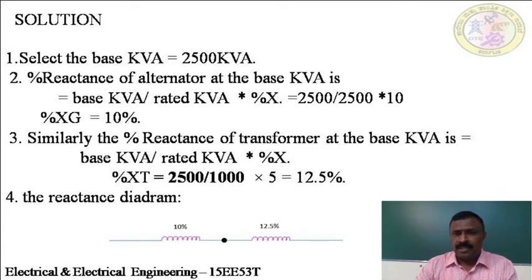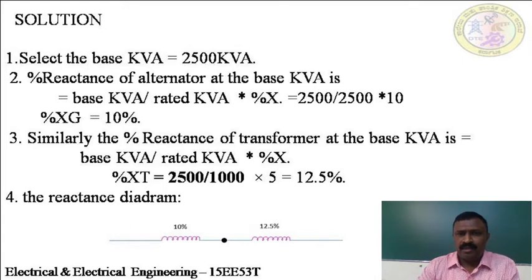Similarly, the percentage reactance of the transformer at base kVA is equal to base kVA divided by the rated kVA multiplied by percentage X rated. This is equal to 2500 base kVA divided by the kVA rating of the transformer, 1000, multiplied by the rated reactance of the transformer, 5, and this gives 12.5%.